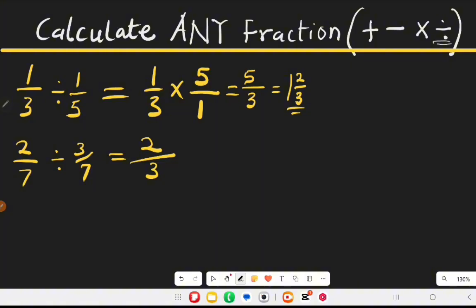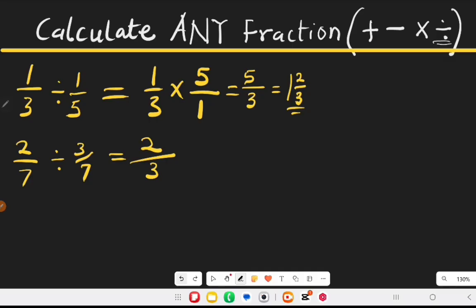I know people will continue solving it the way we solved the first one: 2 all over 7, we change it to times, and flip the next fraction, so we have 7 all over 3. Then we can cross out. 7 can cancel 7, left with 2 all over 3, which is the same answer, but it takes longer time.